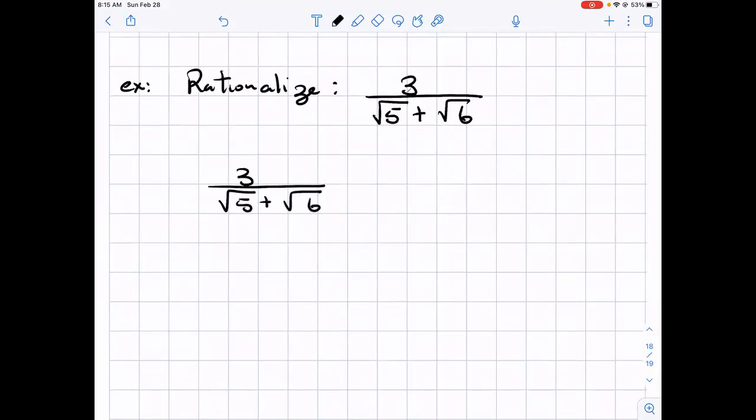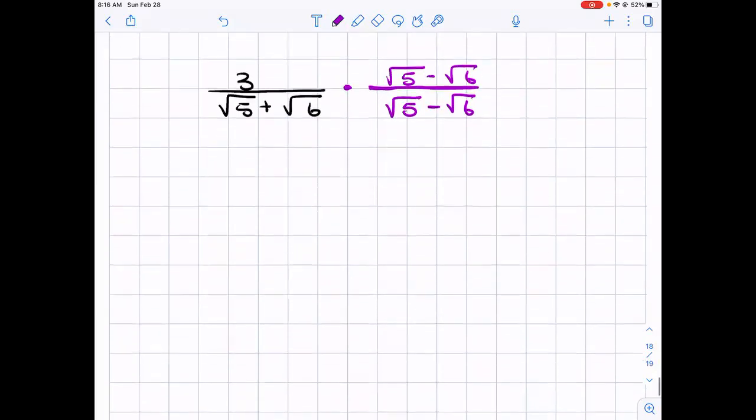Remember, the conjugate is exactly what you have with the sign different, if it's two terms. When you look at them, they must look like a difference of squares.